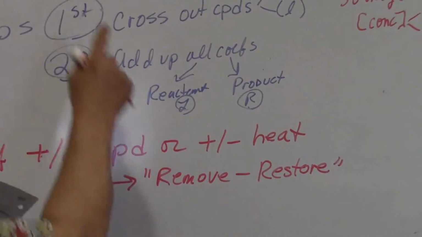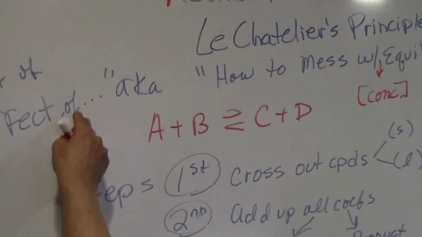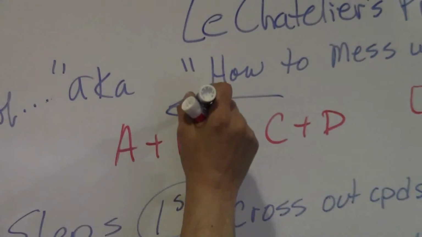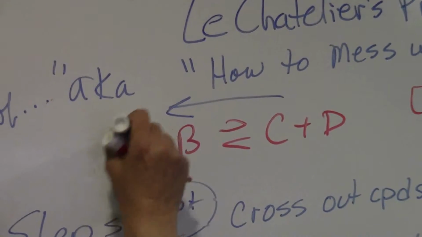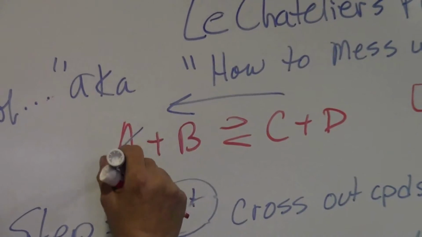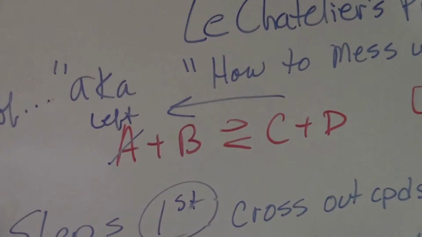In other words, if I'm going to remove some of compound A, the reaction is going to shift to restore it. If I take away some of compound A, the shift is going to be left. What's the effect? A left shift.